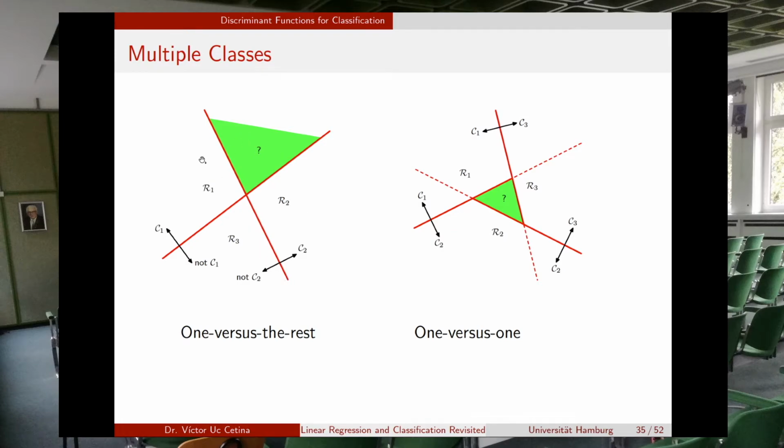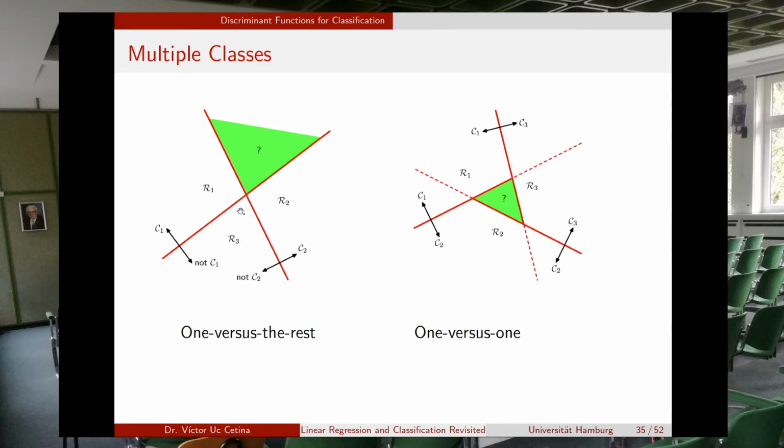For example, if you have a problem with 3 classes, and you use the approach of one versus the rest, you can get a green area like this, where you don't know what is the class that you should assign. If you evaluate it in one of the classifiers, it would tell you that it is in region 1, so it should be class 1.